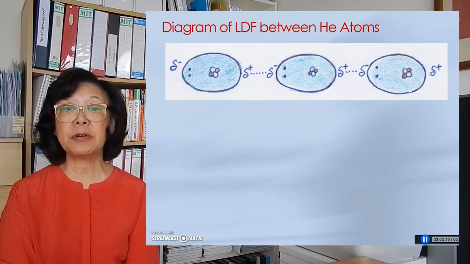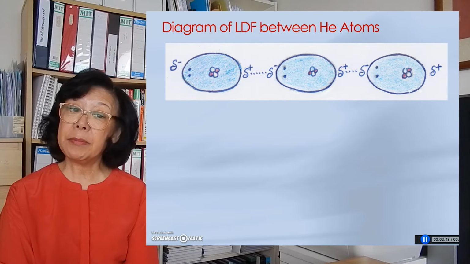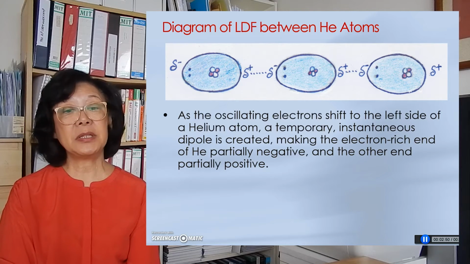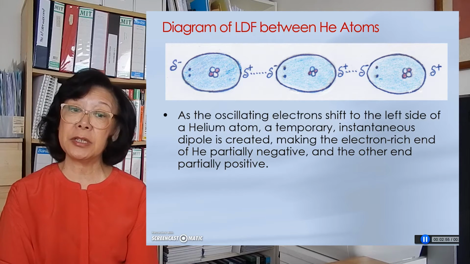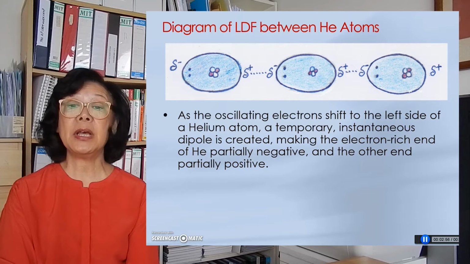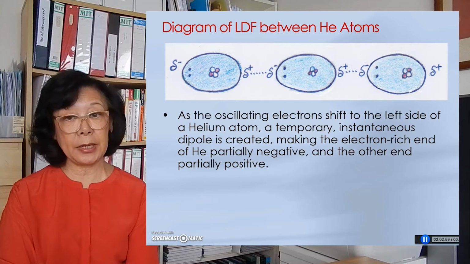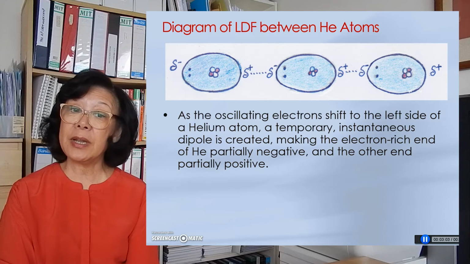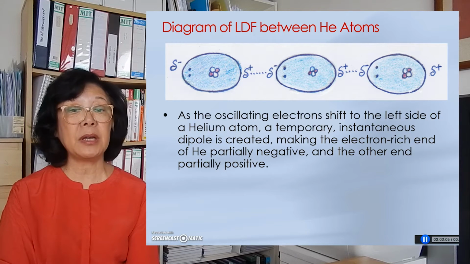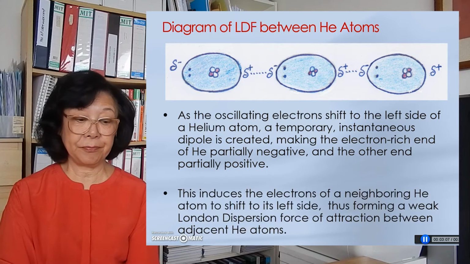Here's a diagram showing the LDF between helium atoms. Now, as the oscillating electrons shift to the left side of a helium atom, a temporary instantaneous dipole is created, making the electron-rich end partially negative and the other end partially positive.